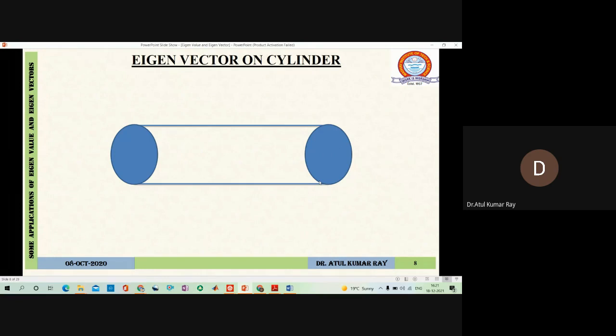Okay, so now there is one simple question in this. This is the cylindrical surface. So I'm taking x1 axis as one direction, and x2 is this vector. So can I have a question? Which one will be the eigenvector out of this?